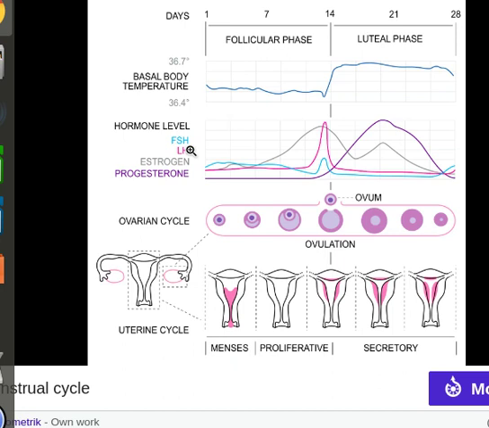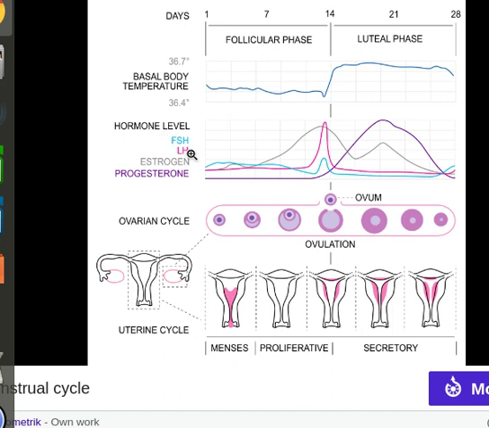And so we were back at the LH hormone. That stimulates the release of an egg, because that's what we need in the follicular phase. We need an egg. Follicular, egg phase. Very good. So this is produced in the brain, the pituitary gland. Also, the follicle stimulating hormone is in the pituitary gland.